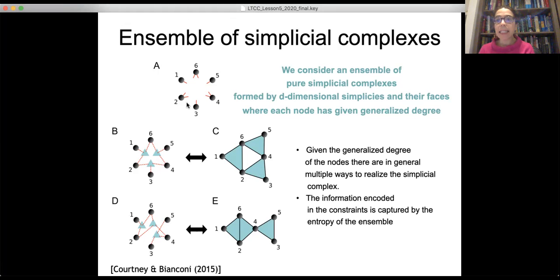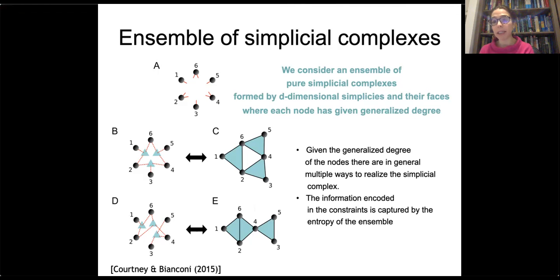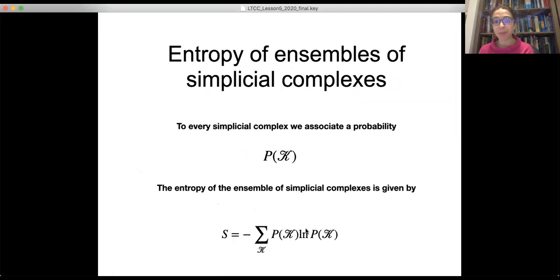And for any distribution of the generalized degree, you can have different simplicial complexes forming, and the logarithm of this typical number of simplicial complexes that you can form is indicated by the entropy of the ensemble. So the ensemble associates to each simplicial complex a probability, and given this probability, we can associate the entropy, indicating the logarithm of the total typical number of simplicial complexes in the ensemble.